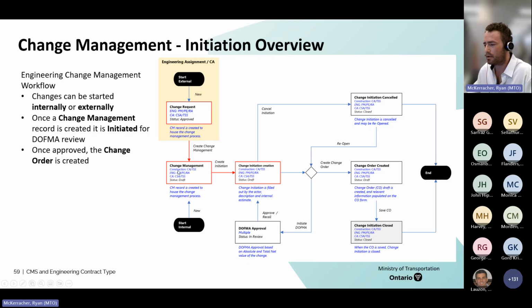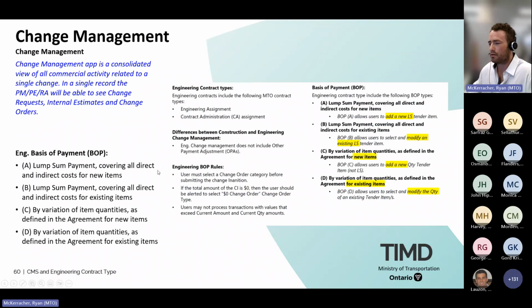And once it's initiated, it goes to the initiation stage. This is where you build your change order. So you've got your initiation phase, you're building your change order, you've got your basis of payments, your DOFMA is collected on the initiation. You fill out your scope of work, all your attachments, your values you put in there, all that good stuff.